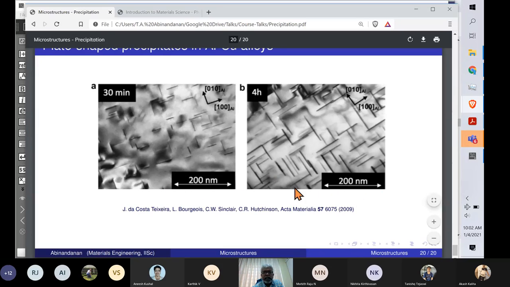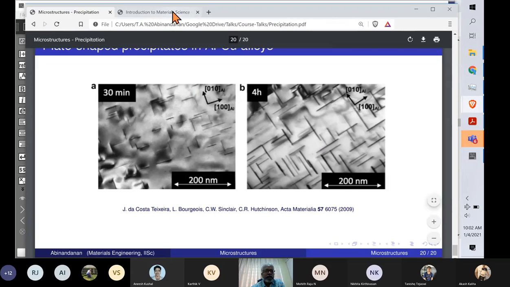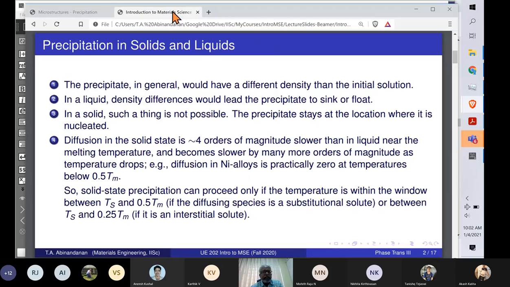Here it is 200 nanometers, and here again 200 nanometers. The thickness is of the order of 10 to 20 nanometers or so, and the plate dimensions are again of the order of 200 nanometers, the plate length. Really nice stuff.